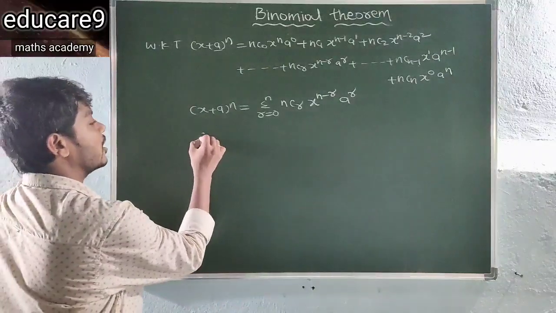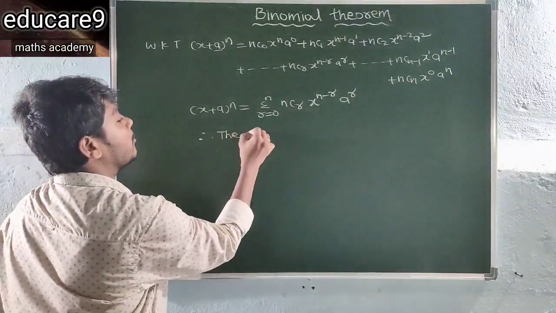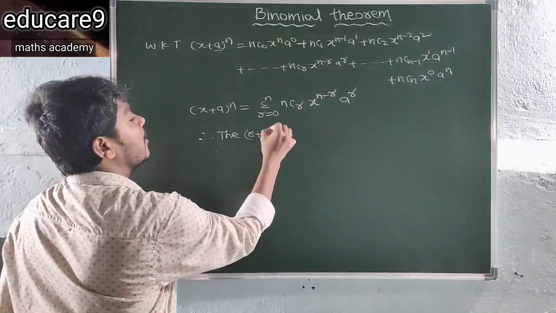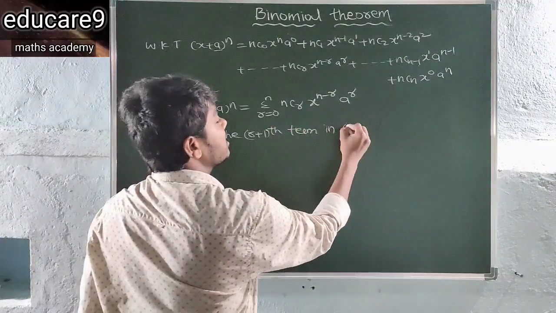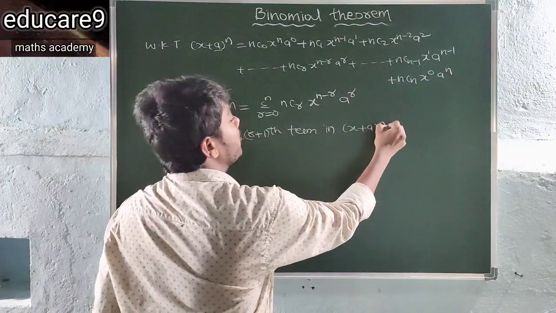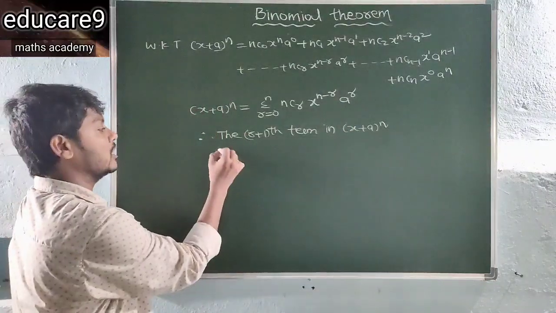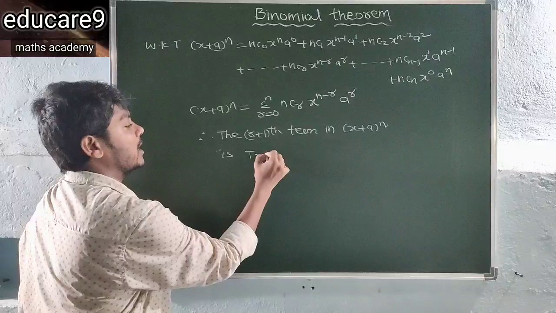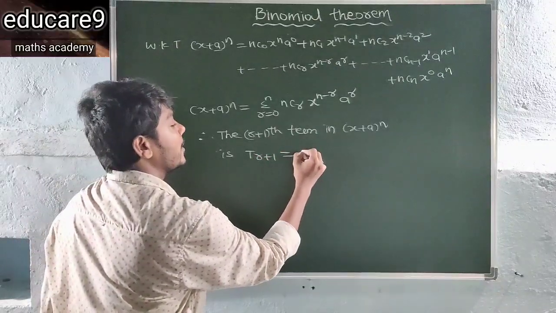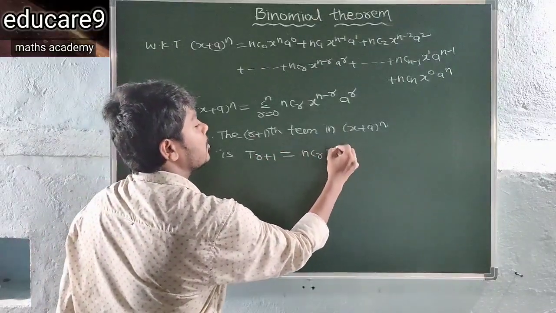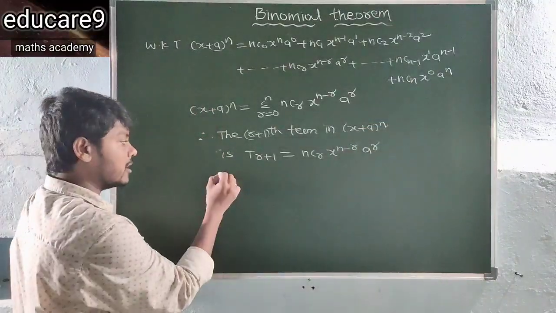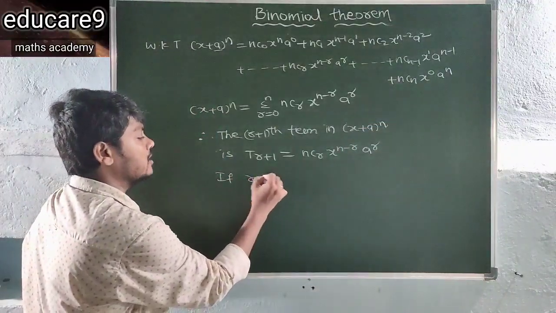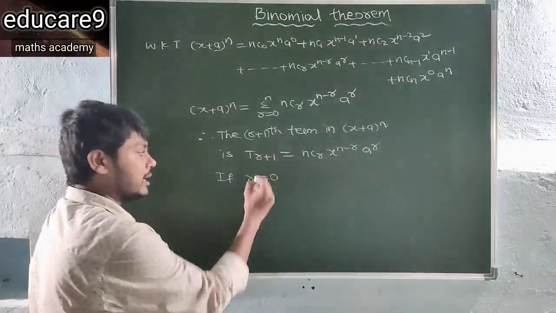So therefore the (r+1)th term in the above expansion of (x + a)^n is T(r+1) equals nCr x^(n-r) a^r. So see here, if r equals 0, what do you get?